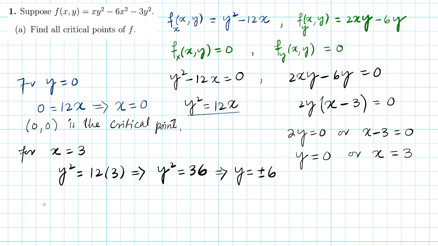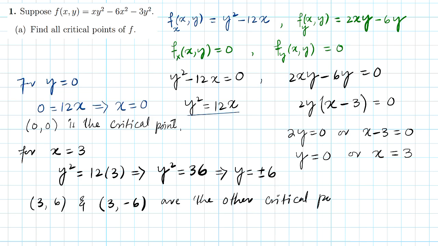So the other critical points are 3 comma 6 and 3 comma negative 6.